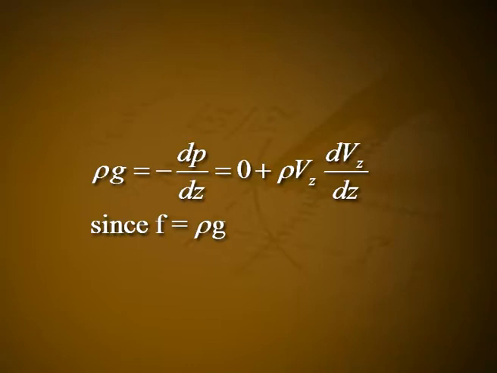Obviously, the velocity of the liquid coming out will be along the z-axis only. Therefore, using equation 9c, one obtains rho g is equal to negative of dp/dz, which is equal to 0 plus rho Vz dVz/dz, since F is equal to rho g.